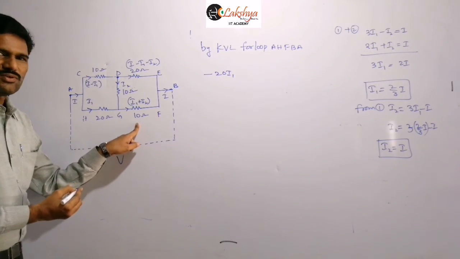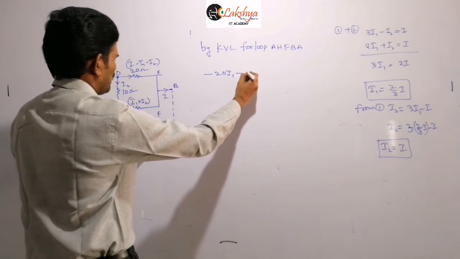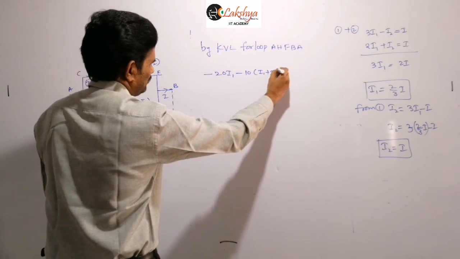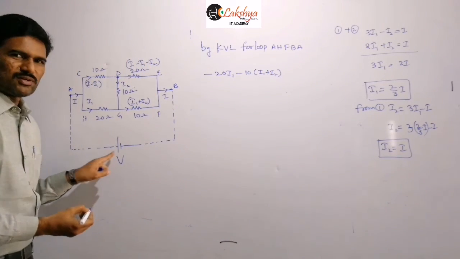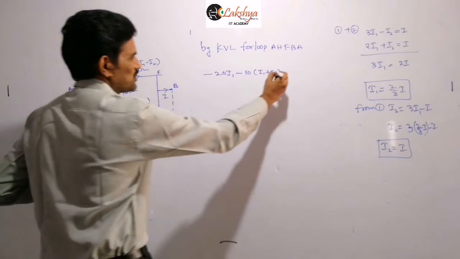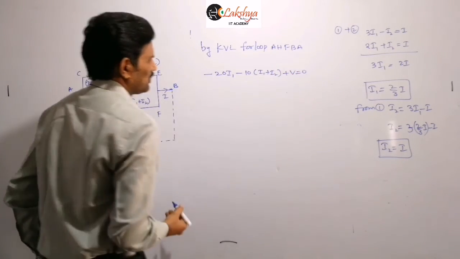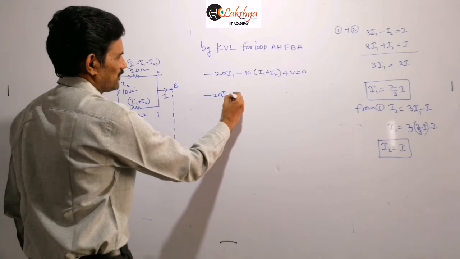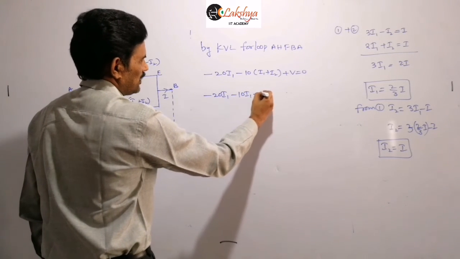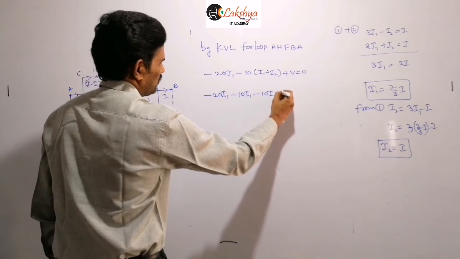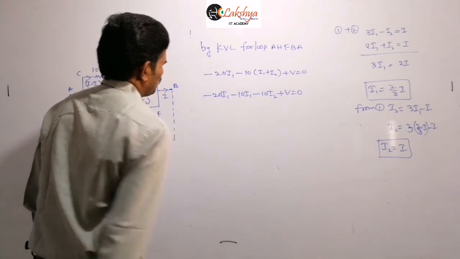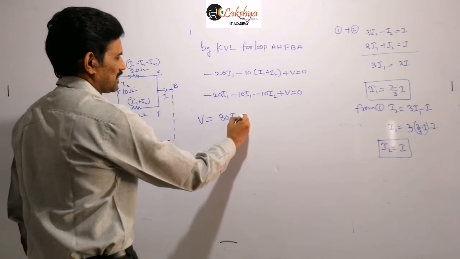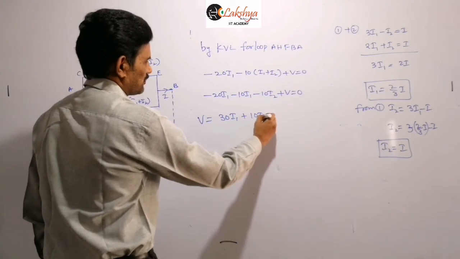Next, again in the direction of current, so negative 10 of I1 plus I2. And next this cell: we are traveling from negative to positive, so plus V is equal to 0. Therefore we can write this equation as minus 20 I1 minus 10 I1 minus 10 I2 plus V is equal to 0, or V is equal to 30 I1 plus 10 I2.